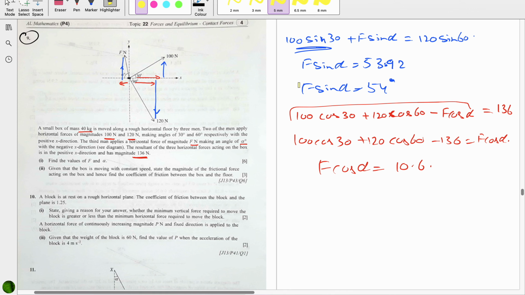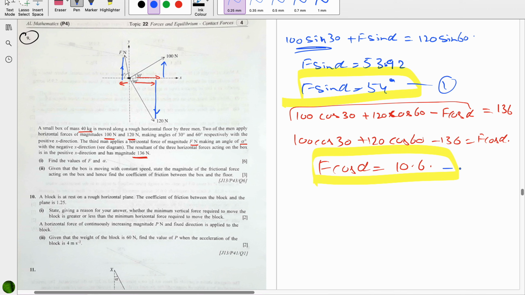So now we have our two equations, one in the form of sine, the other in the form of cos. Remember that identity, sine theta by cos theta is tan theta. So what I'm doing is dividing equation 1 by 2. So F sine alpha by F cos alpha is equal to 54 by 10.6.